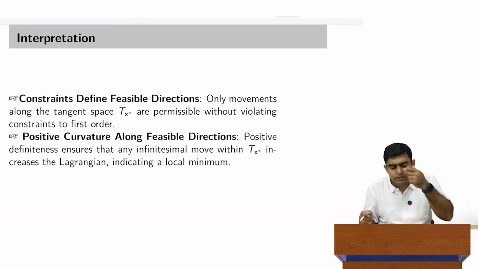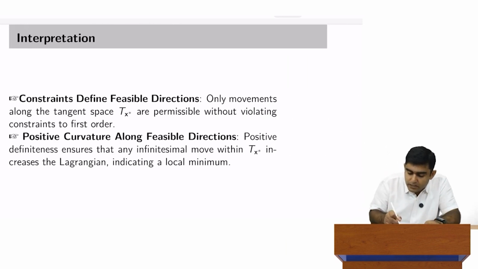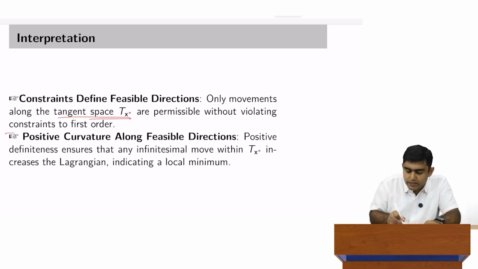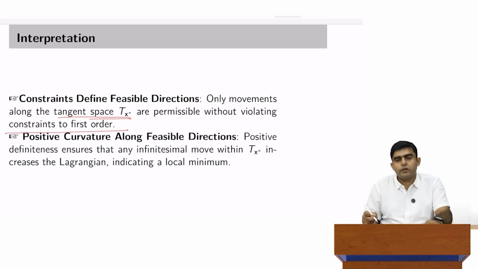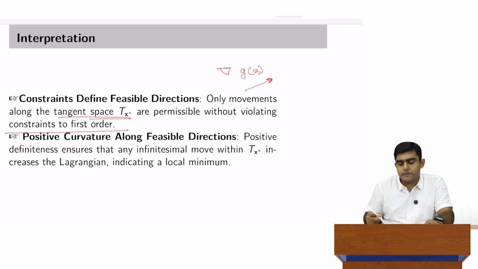So, one interpretation of this entire mathematics is that only movements along the tangent space T x are permissible without violating constraints to first order. When I am talking about the gradient of g x, I am essentially talking about the direction of the steepest change.